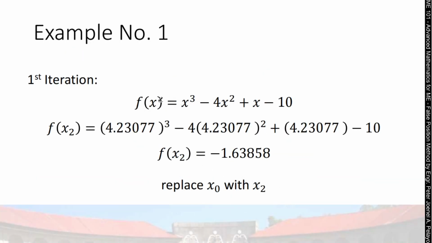And then, substitute natin yon to the function x cubed minus 4x squared plus x minus 10. So, ang f of x2 natin is 4.23077 cubed minus 4 times 4.23077 squared plus 4.23077 minus 10. So, we get a value of negative 1.63858. So, replace x0 with x2.